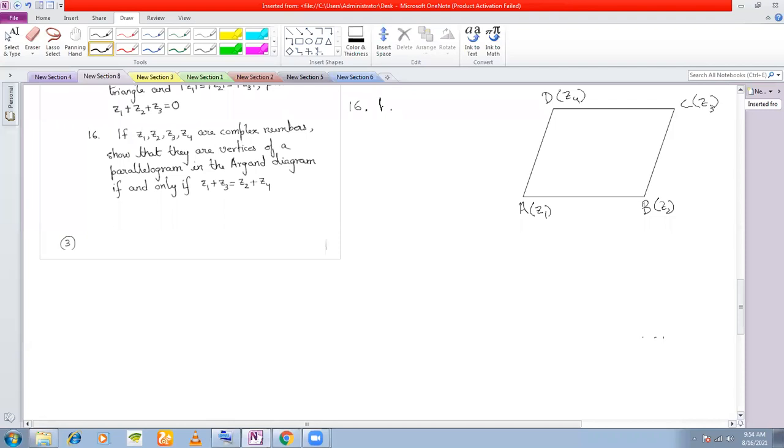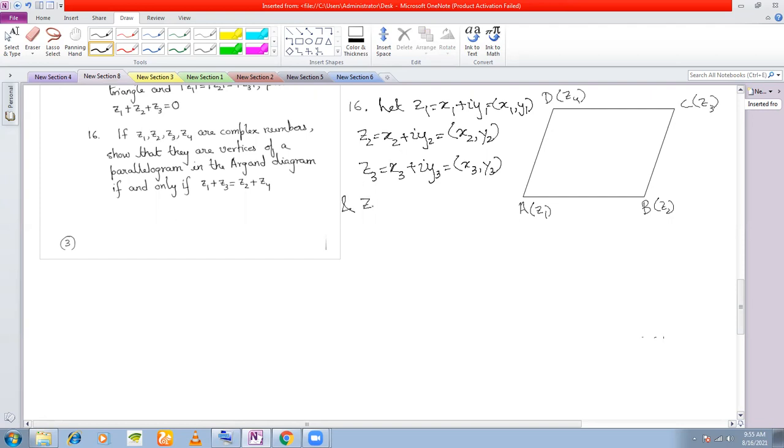I say let Z1 is equal to X1 plus IY1, which in ordered pair can be represented as X1, Y1. Z2 is equal to X2 plus IY2, which as an ordered pair can be written as X2, Y2. Z3 equal to X3 plus IY3, which can be written as X3, Y3.